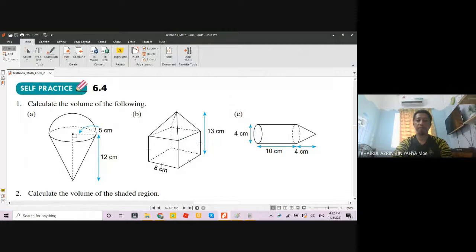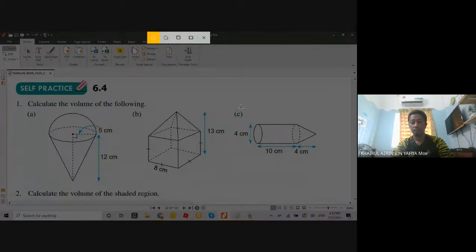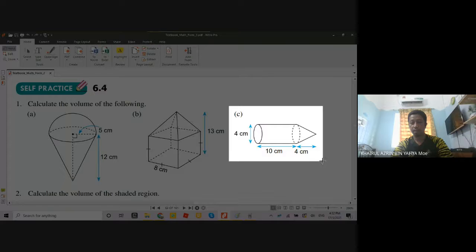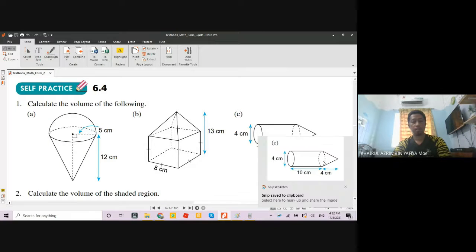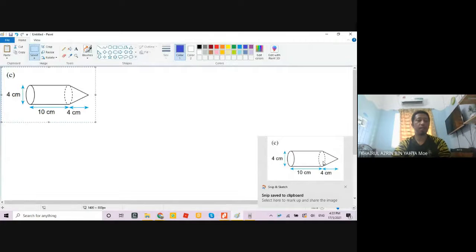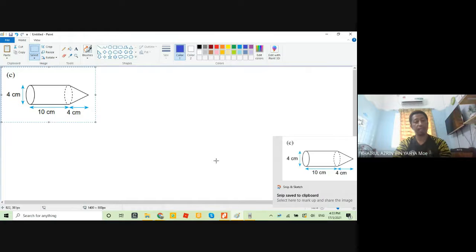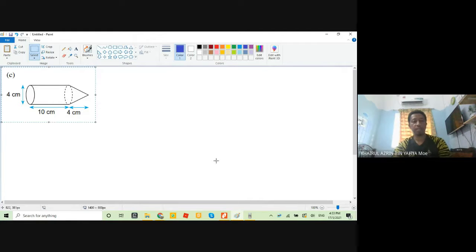Okay, let me copy this one first. Question C. Question C consists of 2 objects. The first part is a cylinder. On the right is a cone.